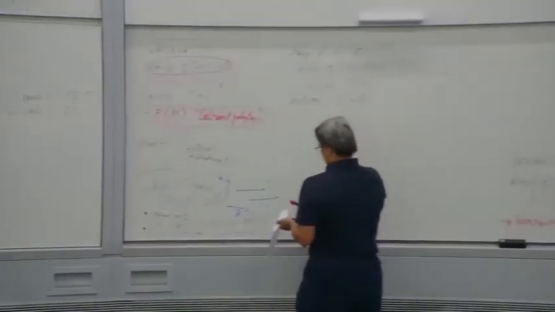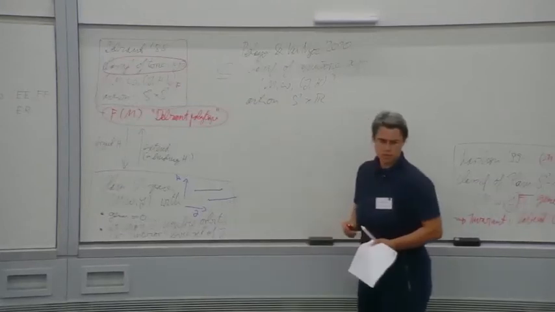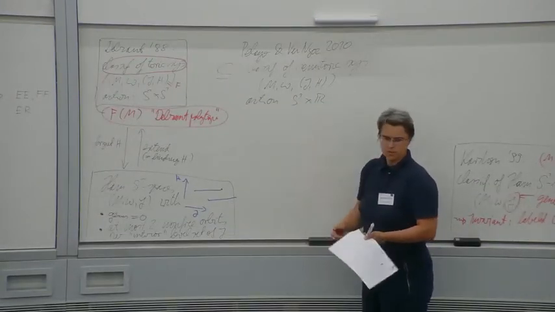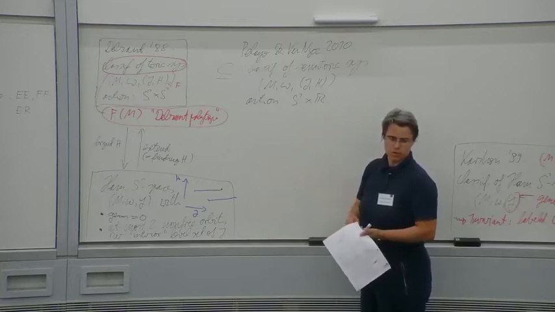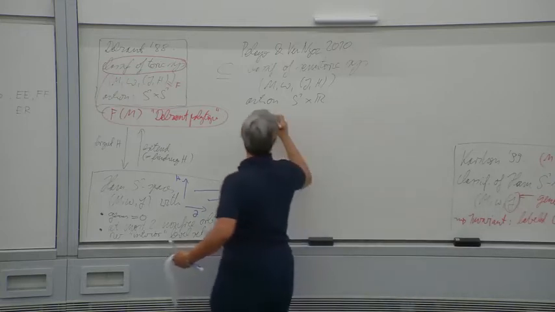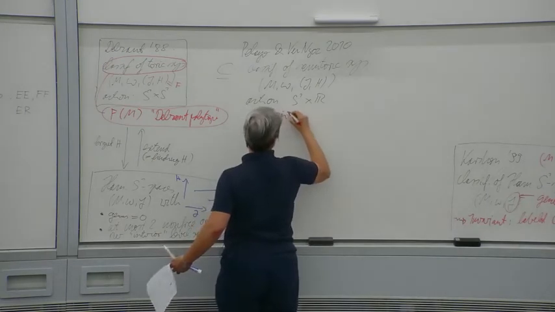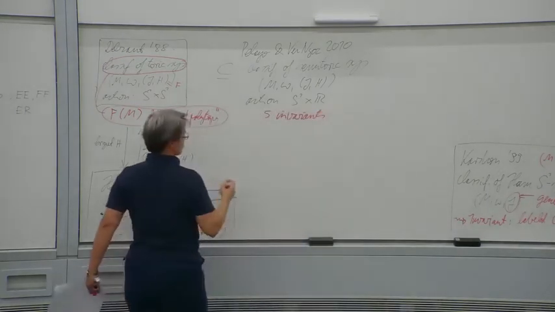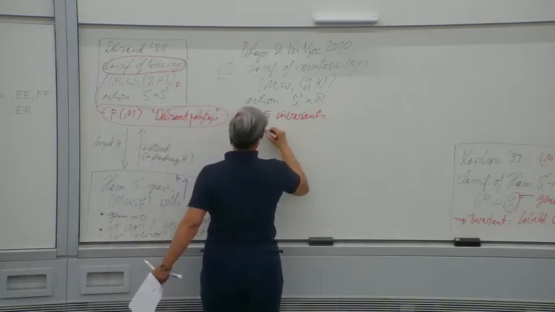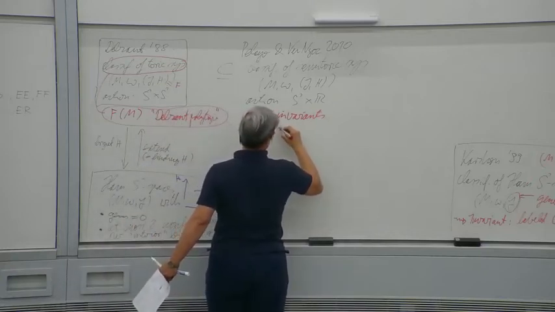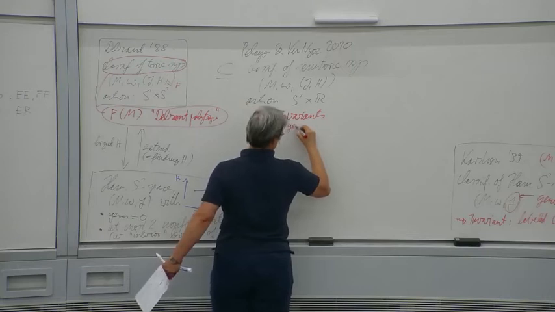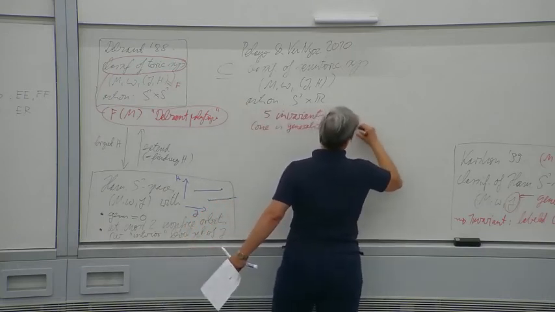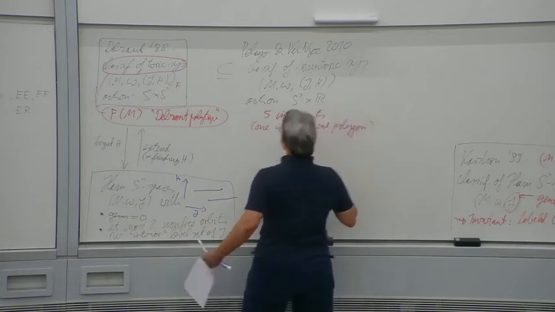The classification always depends a little on how you write it down, but usually the easiest way to explain things is to say this in terms of 5 invariants. And one of these things is a generalized polygon.